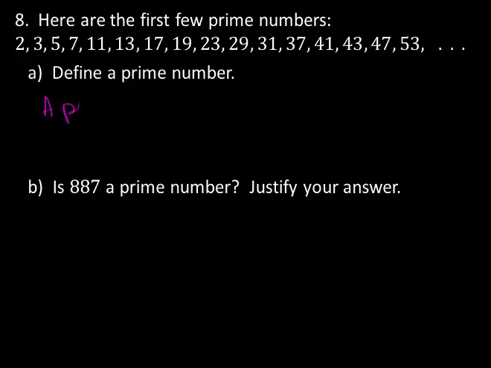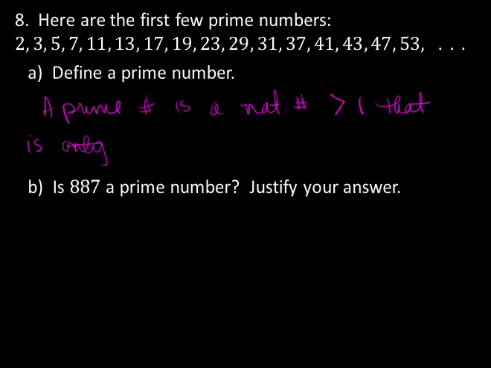A prime number is a natural number greater than 1 that is divisible by only 1 and itself.